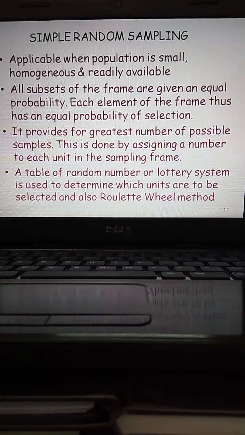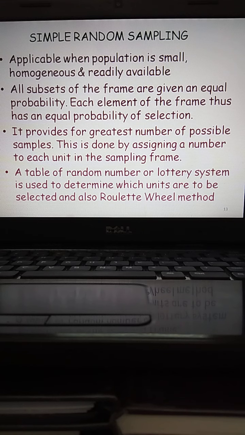That should not happen. So all these rolled chits are going to be put in a box, understand? And any one person, blindfolded, picks the chits from that box. If you want 10 units for the sample, that means a sample size of 10 units, you pick 10 chits.